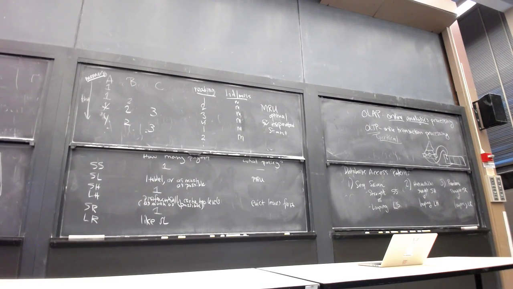So in this case, maybe we allocate only one record because we're doing a straight sequential access. Maybe we're doing looping sequential on these two things. So the number of pages we allocate is based on the size of the file and the type of access that a given query is doing to that file.